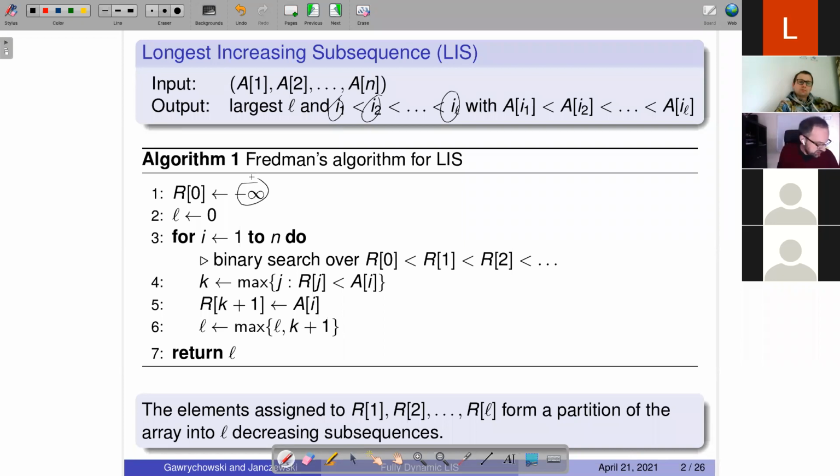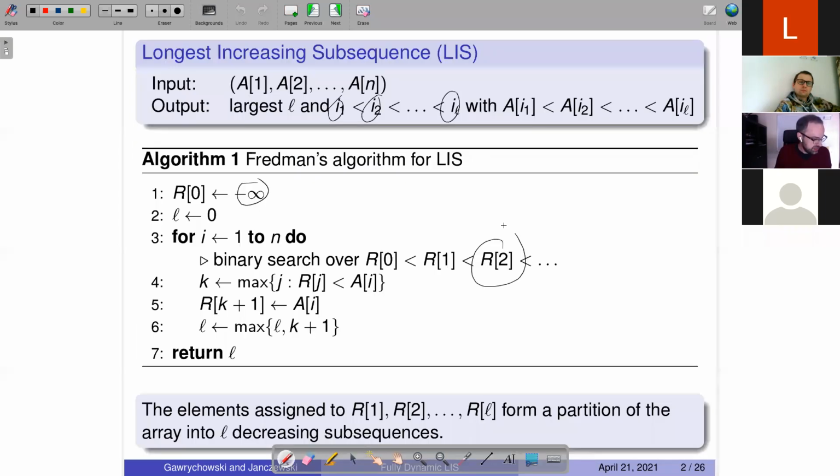The important property is that R_i is the smallest possible element that could end an increasing subsequence of length i in the already considered prefix of the input array. Furthermore, the elements that get assigned to R_i give a partition of the array into L decreasing subsequences. So it's an algorithmic proof of Dilworth's theorem for the special case. This algorithm will be useful in a few minutes, so that's why I'm showing it.